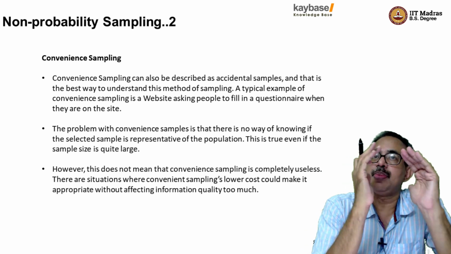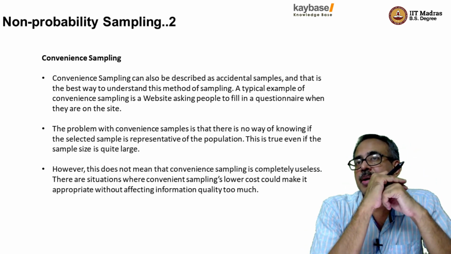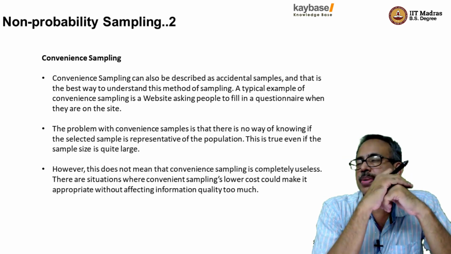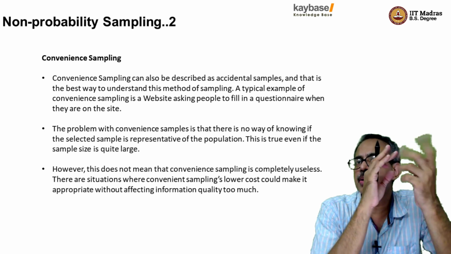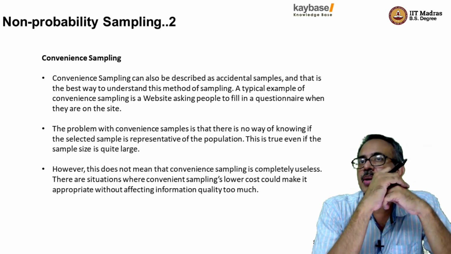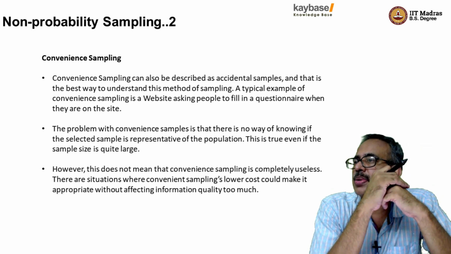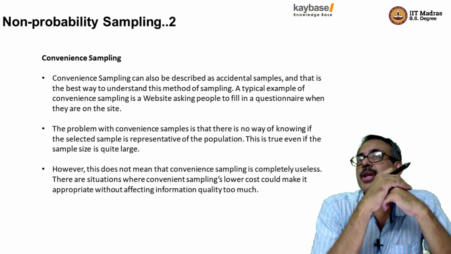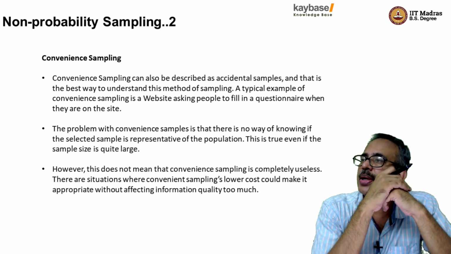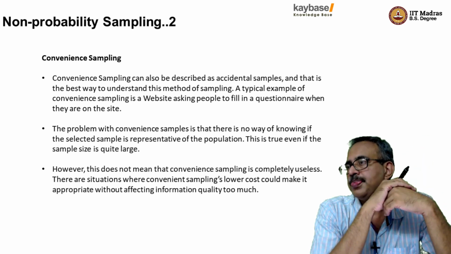So let's say you want to survey men working in banks, just for example, and you post a survey on some website which men tend to browse. Okay. So if people come and fill up the survey, do you know, the busy bank employees may not have time to come to the website at all. You have not taken the trouble to make sure a sample is representative. So there's a danger that you've only got the people who have nothing else to do, who have time on their hands, and so they have come and filled up the survey.